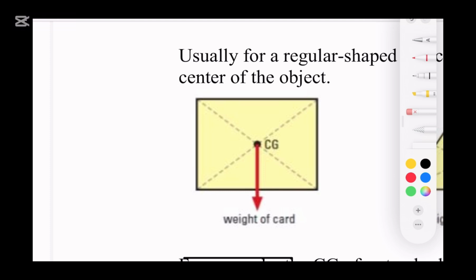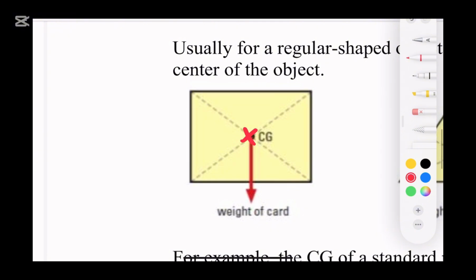But if I were to choose a particular location where the weight, the gravity force, is acting on the object, then I would choose the point called the CG. So the CG, center of gravity, is just a point where I assume all the gravitational force acting on the object is acting. It's not acting on this location, neither is it this location, but the CG of the object, the center of gravity of the object.